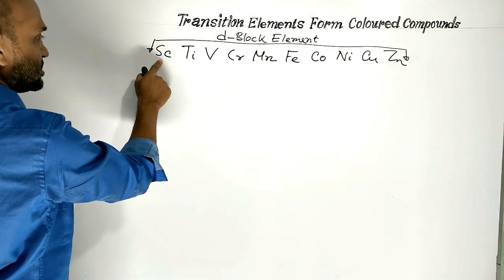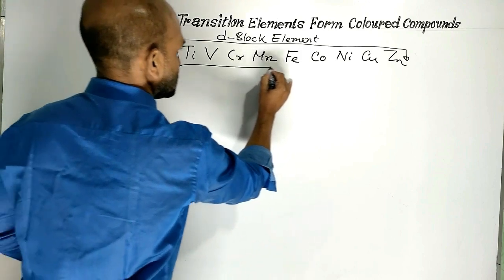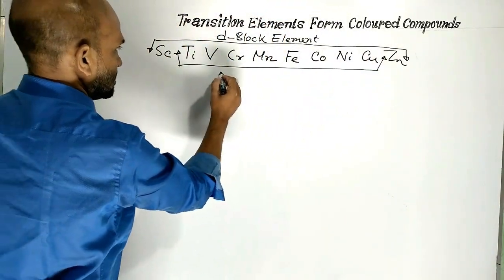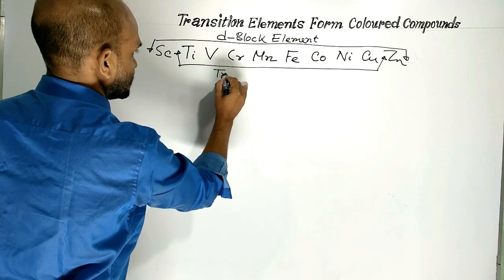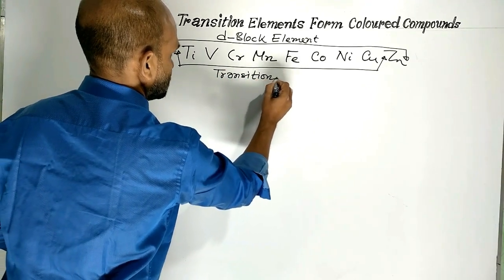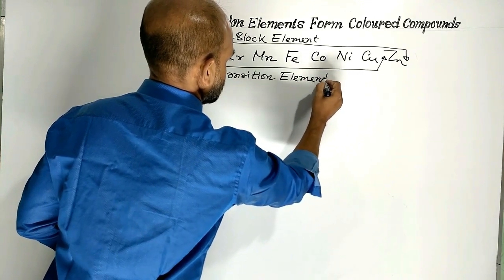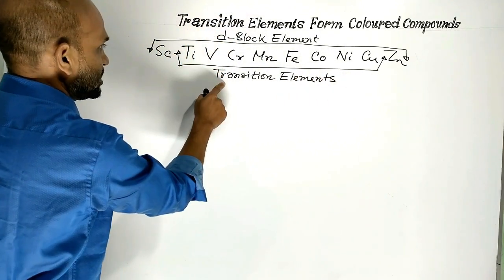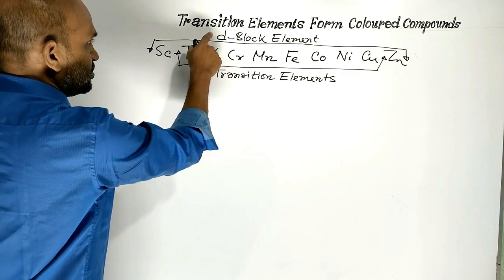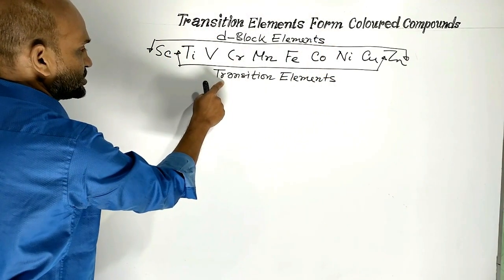From these D block elements, these elements are transition elements, or transition metals.